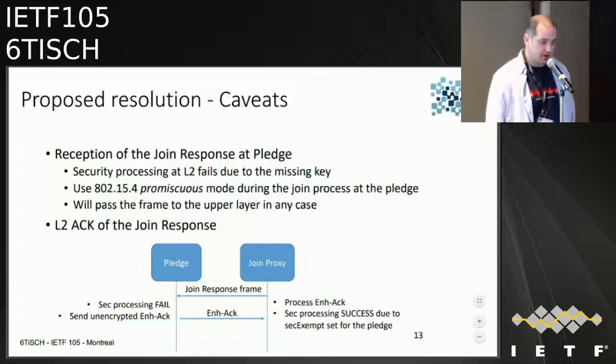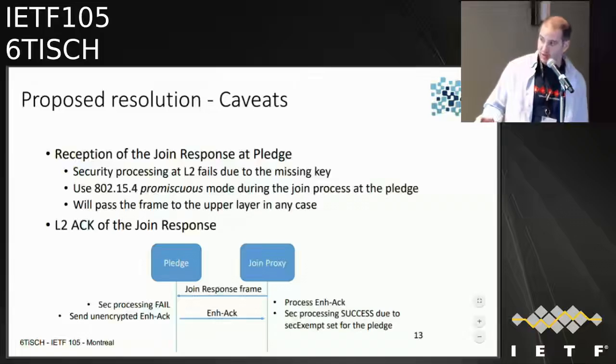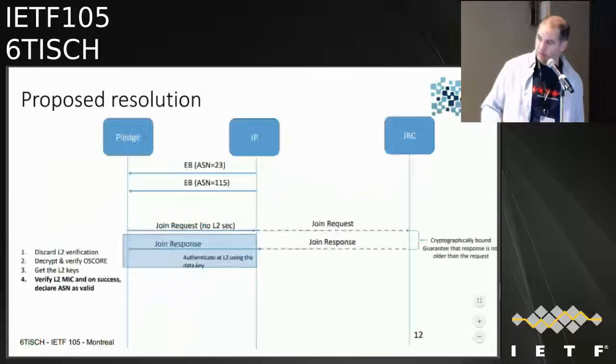The join response frame, as you can see here, is now sent with security level 1 to 3, so authentication but no encryption at the join proxy. At the pledge side, it does the special processing that I just presented.